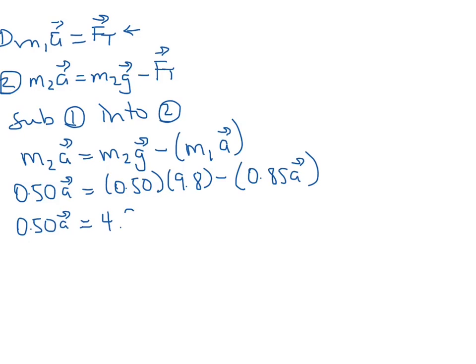So 0.5 times 9.8 is 4.9, and then we get this. Then I'm going to move the negative 0.85a over to the other side, which means I'm adding it to my 0.5a. So I get 1.35a equals 4.9. Then we divide both sides by 1.35.